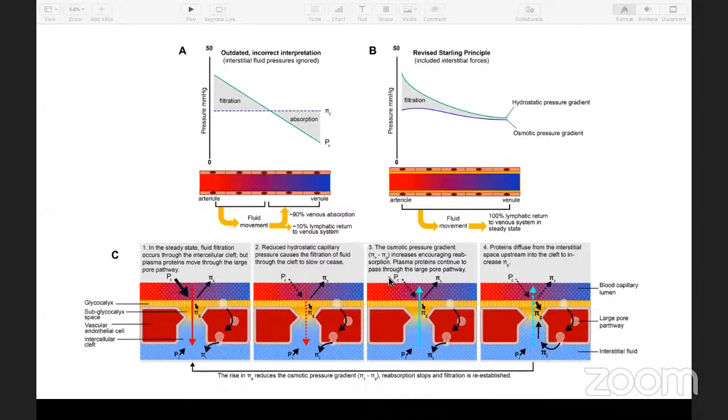So frame A shows what the original Starling principle postulated, but frame B shows what we know right now, that actually filtration occurs along the whole length of the capillary, though it's more at the arteriolar end because of the higher hydrostatic pressure, but it occurs along the whole length of the capillary. And then frame C shows us what happens. We shall talk about it in a minute.